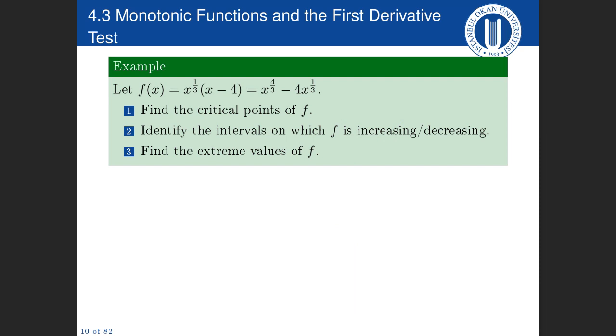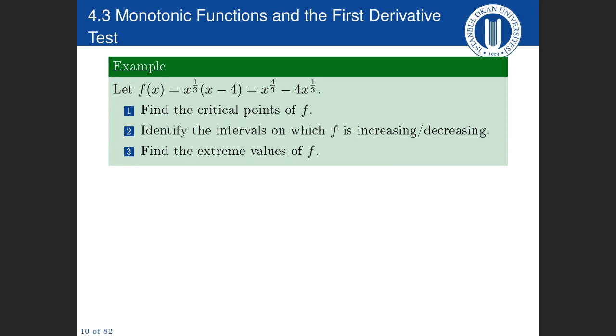For example, let f of x be x to the power 1/3 multiplied by x minus 4. Or we can think of this as x to the power 4/3 minus 4x to the power 1/3. 1. Find the critical points of f. 2. Identify the intervals on which f is increasing and the intervals on which f is decreasing.